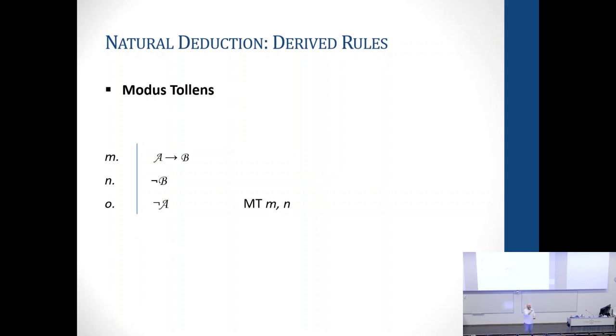Note, it only goes that way. It only goes against the arrow, because the negation of the antecedent does not guarantee the truth or falsity of the consequent. So conditional elimination says if you've got a conditional and you know the antecedent's true, you get the consequent. Modus tollens says if you've got a conditional and you know the consequent's false, then you know the antecedent's false. Those are the only ones we can get from conditionals.